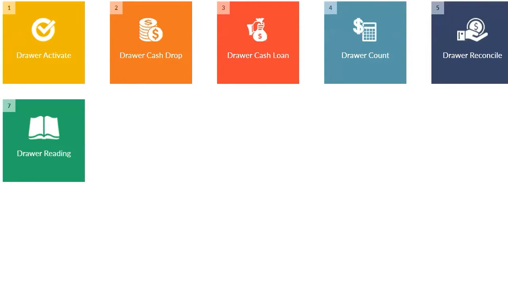Okay. We are not using gift registries for now. Drawers, we don't need to use anything in drawer because we are not doing any store point of sale since we are using this in the warehouse. If you're using point of sale in stores, then maybe we have to use drawer count every day before starting the sale.